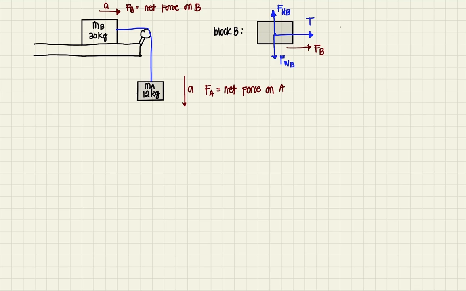Now, how about block A? What are the forces acting on block A? So let us draw block A. If this is block A, there's no normal force because there is no contact.